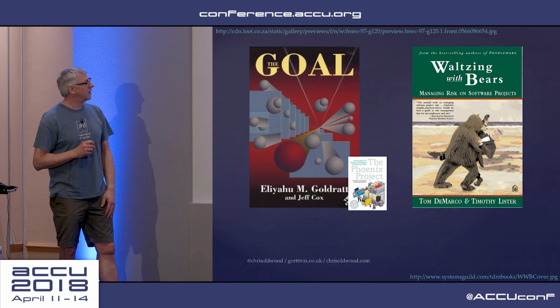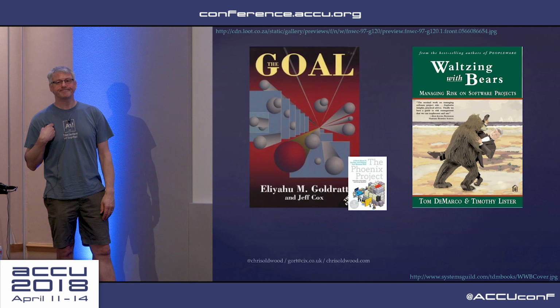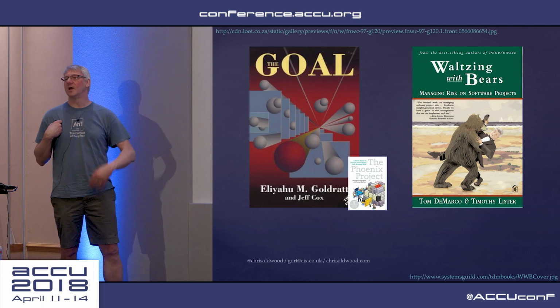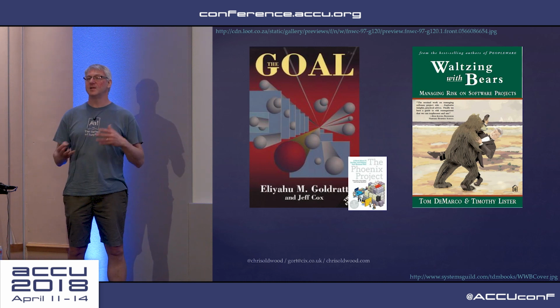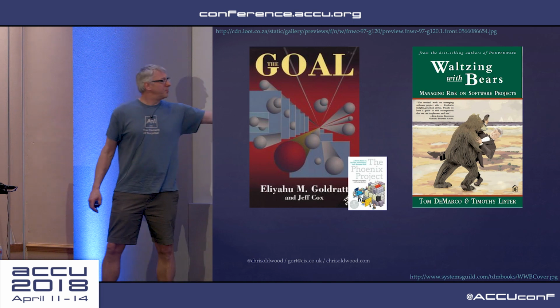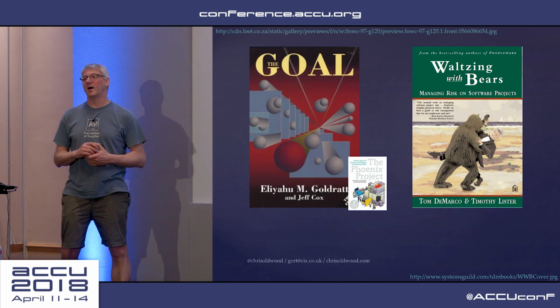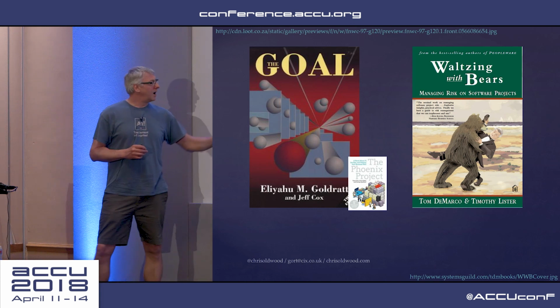And then the other one is The Goal, a 1980s book that shook up manufacturing with its notions around flow over efficiency, theory of constraints. It's a really nice book because it's written as a novel. You've probably heard of The Phoenix Project; it's the same book, but set in an IT context.